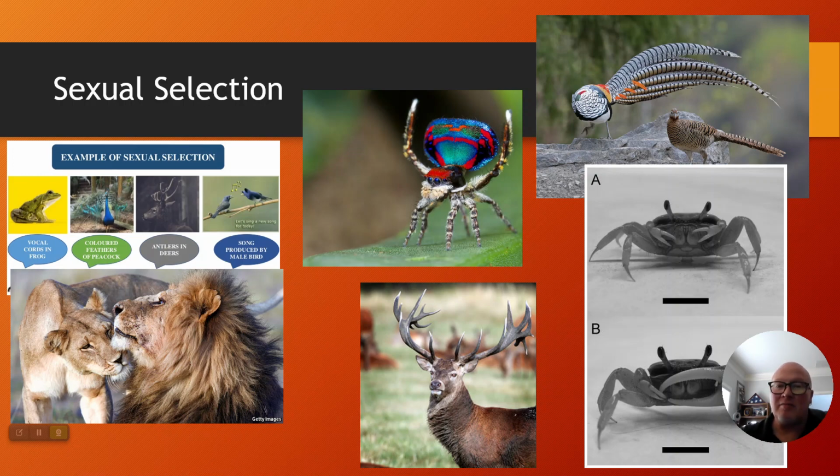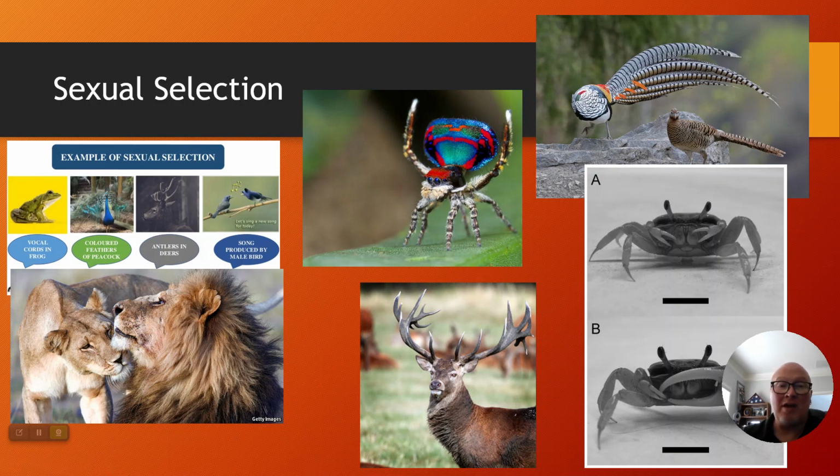A lot of the mating activity in birds or fish or any organism, really, a lot of those mating rituals or mating behaviors, are sexually selected for. Antlers in deer, the colors in certain spiders, the tail of a peacock.